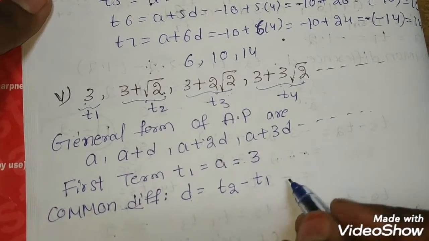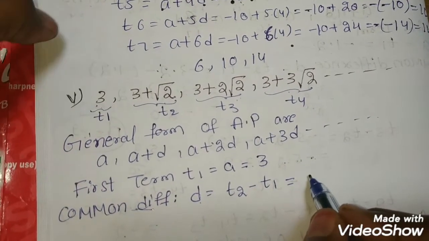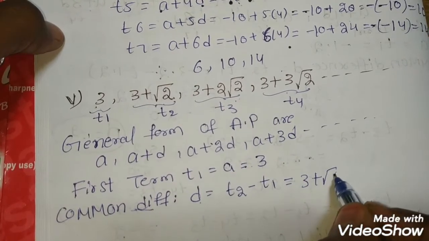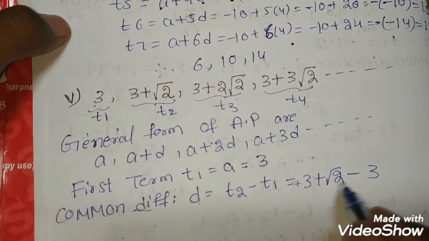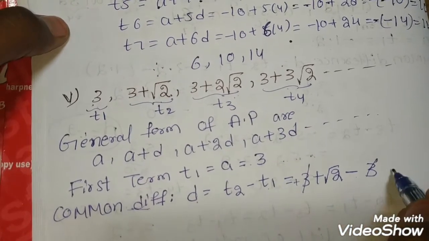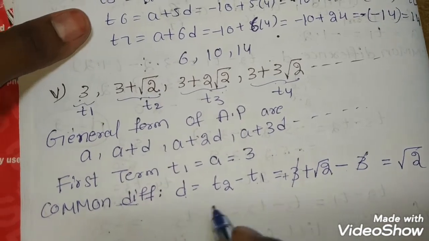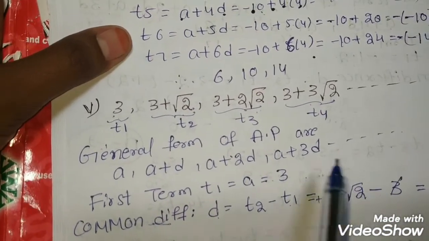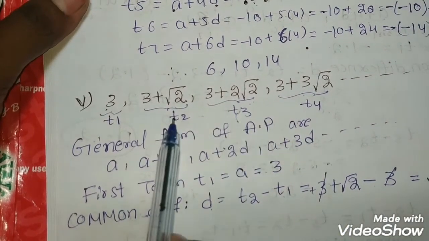For the common difference, t2 minus t1 is equal to, what is t2 here? 3 plus root 2 minus, what is t1? 3. Plus 3 minus 3 get cancelled, and the remaining is root 2. Common difference is root 2. We also have to check t3 minus t2.